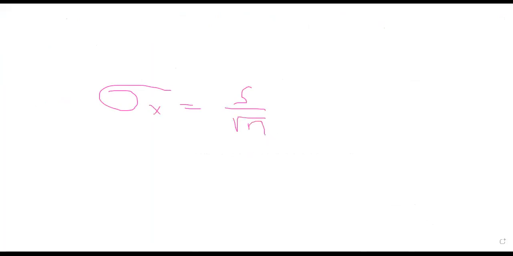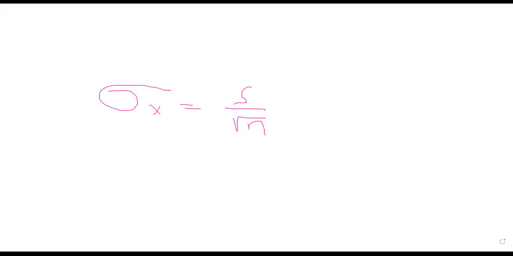Okay. So this sigma that we are seeing here is actually the standard deviation of a population. The n represents the sample size. So the standard deviation of the sample is formally known as a standard error.